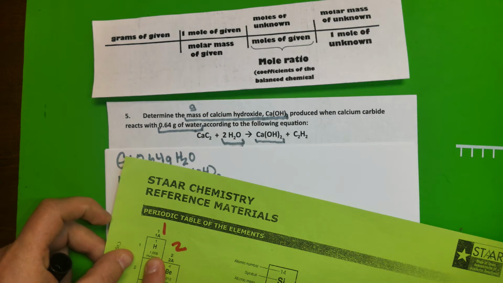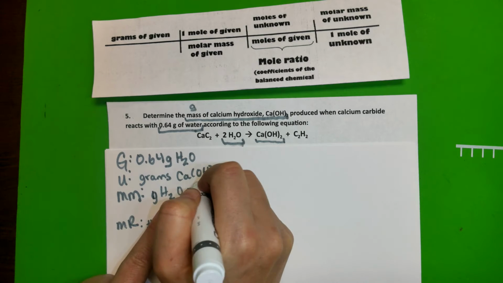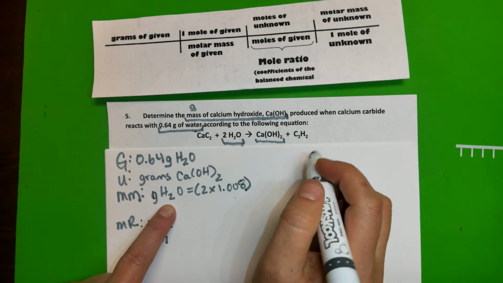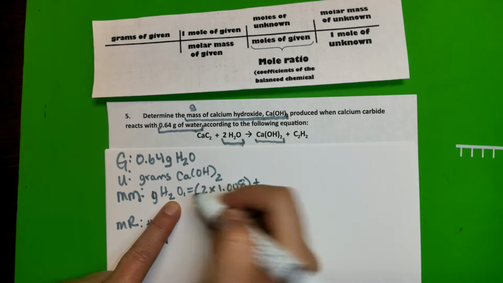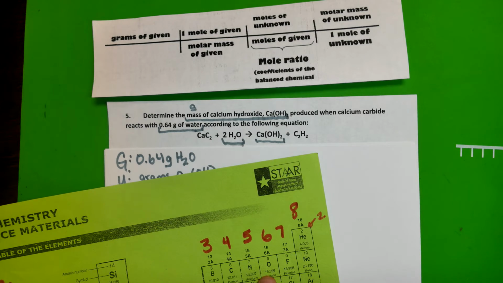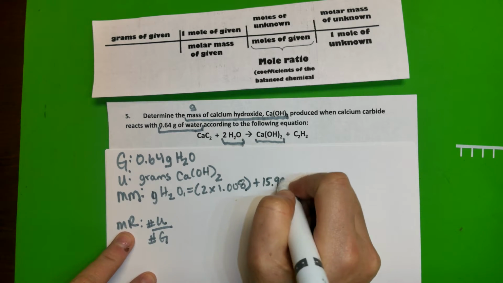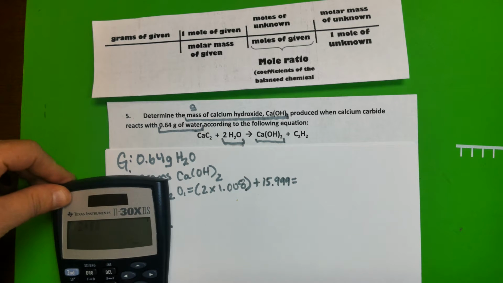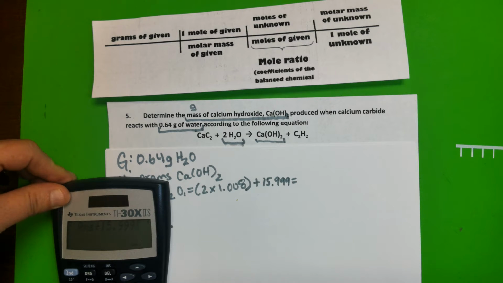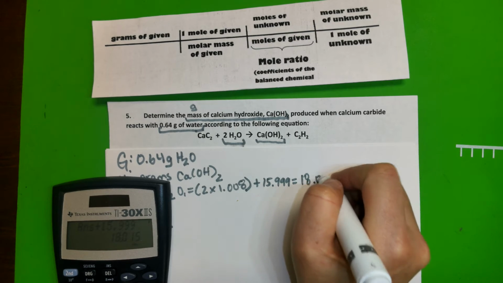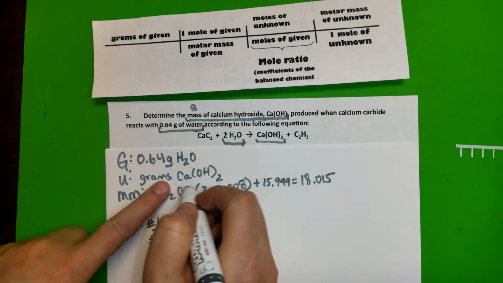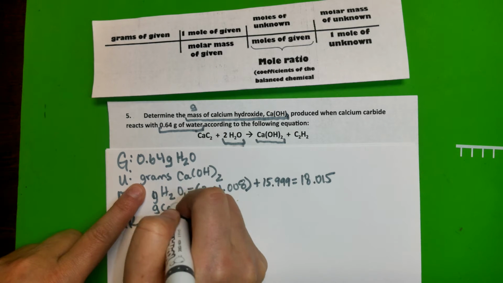Hydrogen is 1.008, and there are two of them, so 2 times 1.008, plus 1 oxygen, which is 15.999. If we calculate this, it equals 18.015.